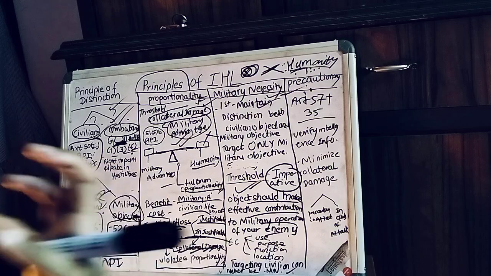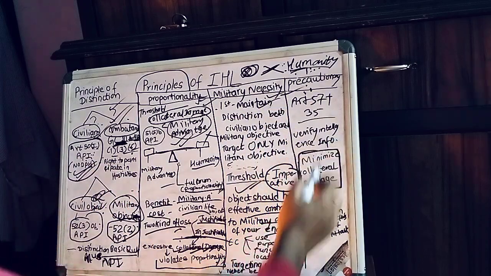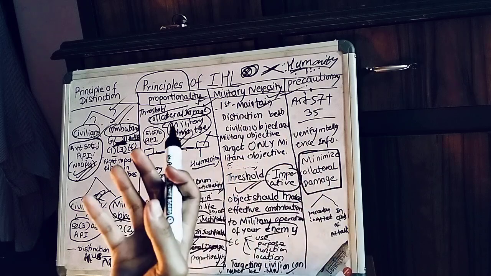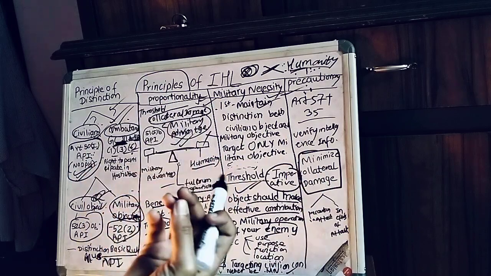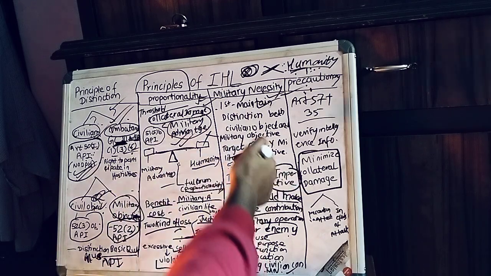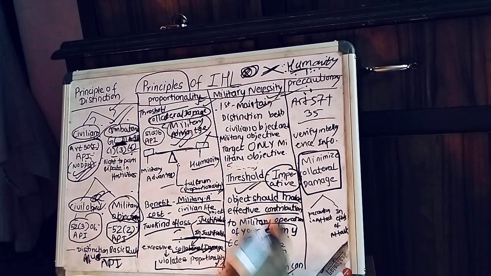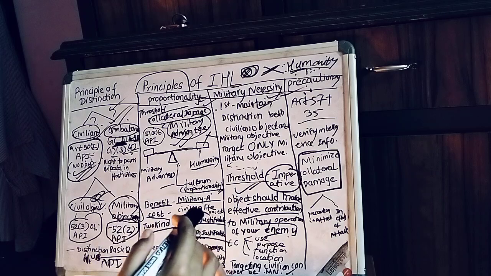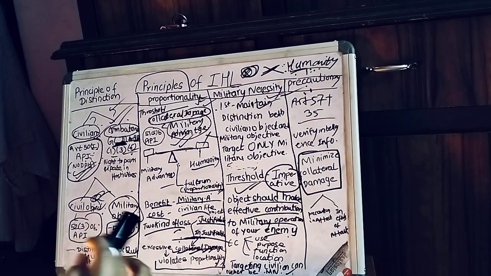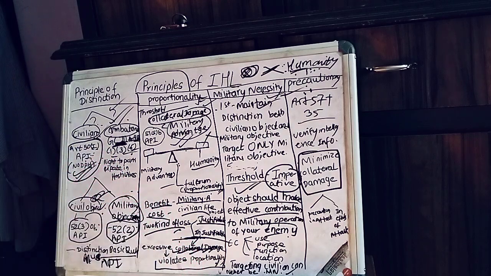And we should only do those things that provide minimum collateral damage. What is the least collateral damage we could have? Do that. If you are seeing some civilians are about to be affected, or a civilian object is about to be targeted instead of the military objective, then you have to stop it right there. Because you always have to be cautious, and you cannot just indiscriminately attack anything.